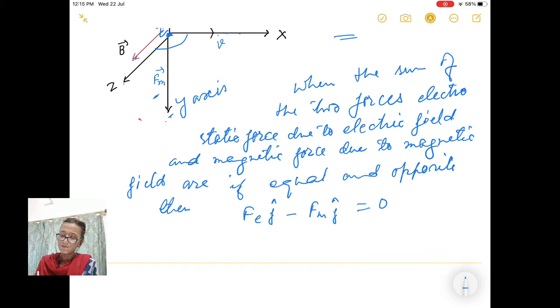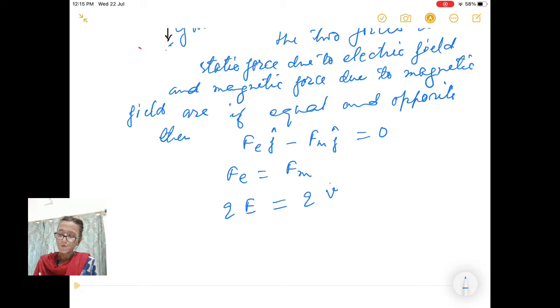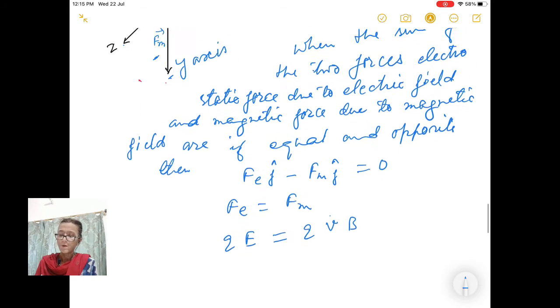If this becomes equal to 0, then we find that force electric is equal to force magnetic, and we know that qE is equal to qvB. I am writing only magnitude. And they are perpendicular.